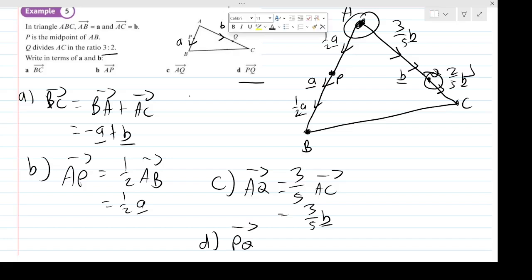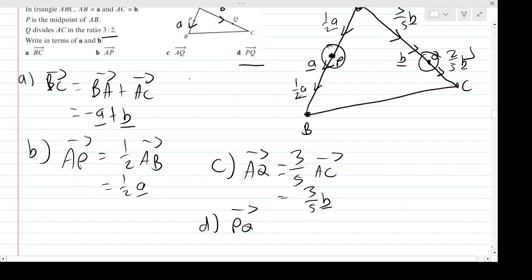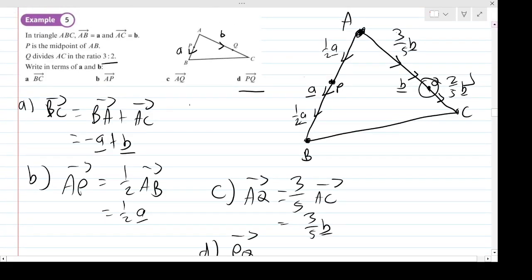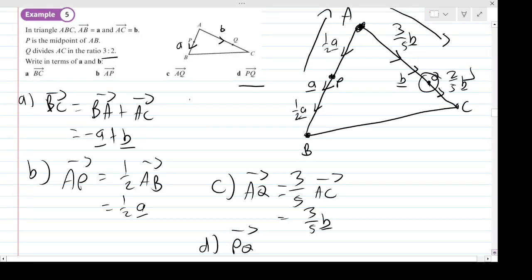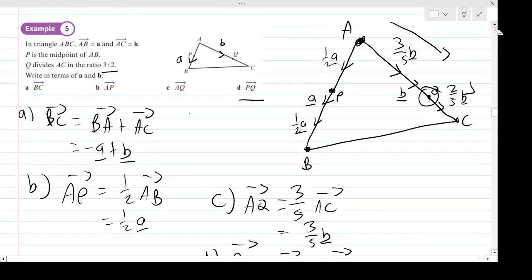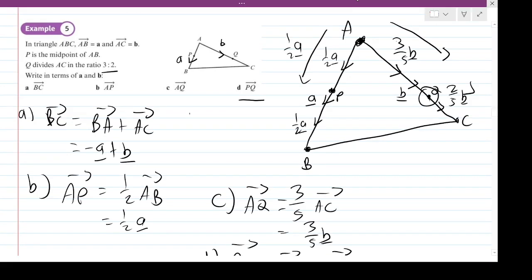Then part D, we need P to Q. So this time, we'll be starting at P and ending at Q. There are two ways really, but to get from P to Q, I can go from P to A, and then from A to Q. Now A to P is a half A, but I want to go from P to A, the opposite way.